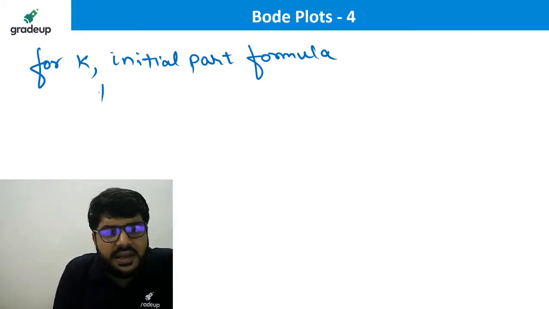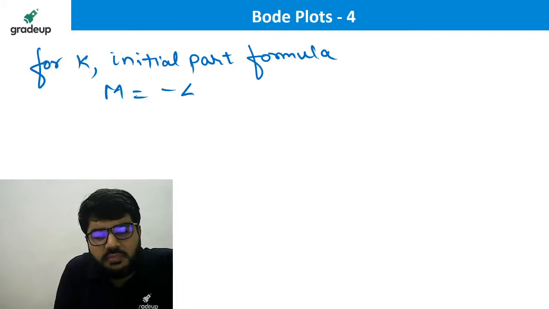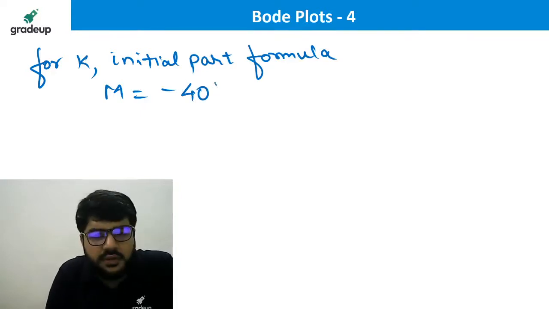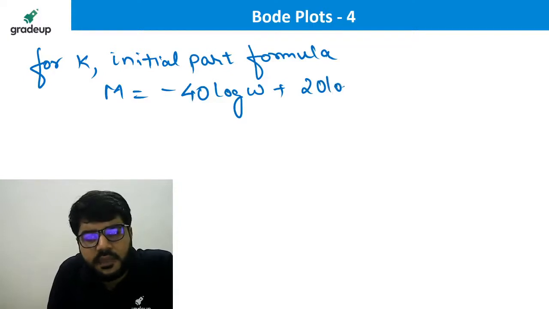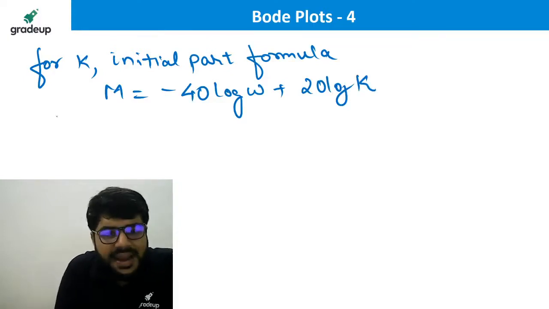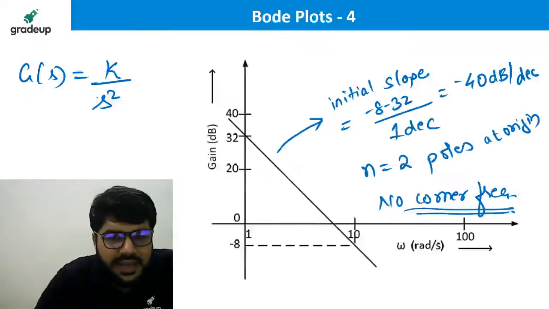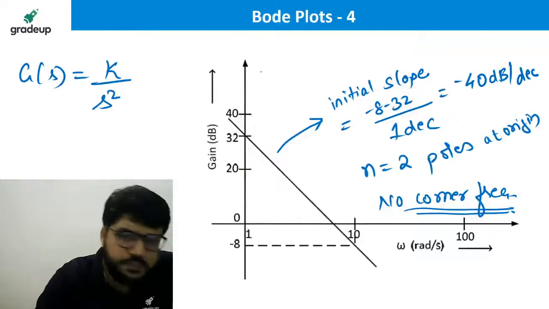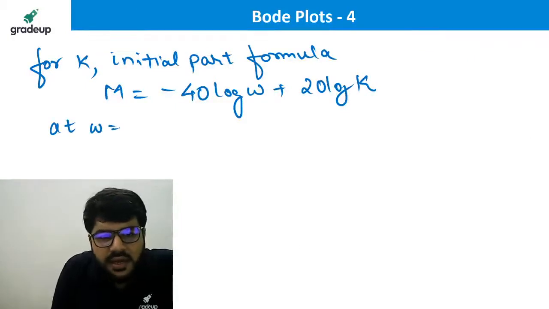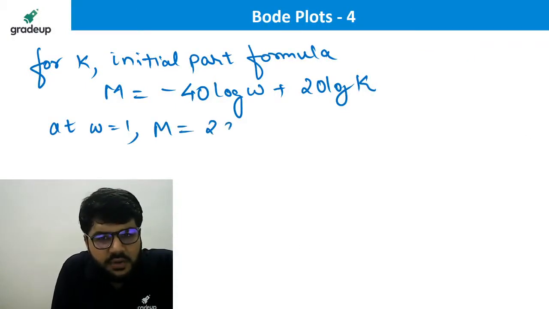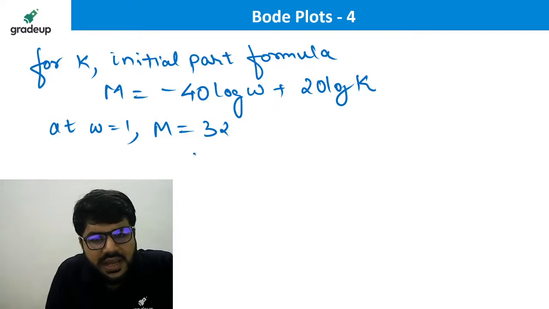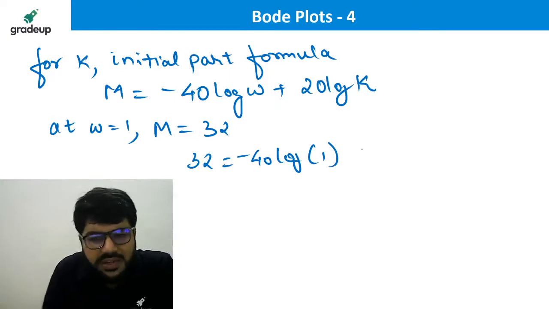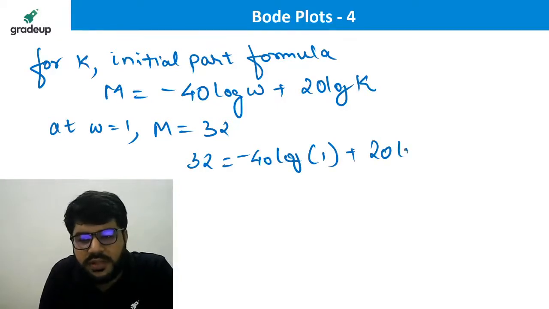It is given by magnitude is equal to minus 20 n log omega plus 20 log K. n is 2, so directly I am writing M is equal to minus 40 log omega plus 20 log K. Magnitude is 32 at omega equal to 1. So I have 32 equal to minus 40 log 1 plus 20 log K. Log 1 is 0, that is why I chose the frequency 1.